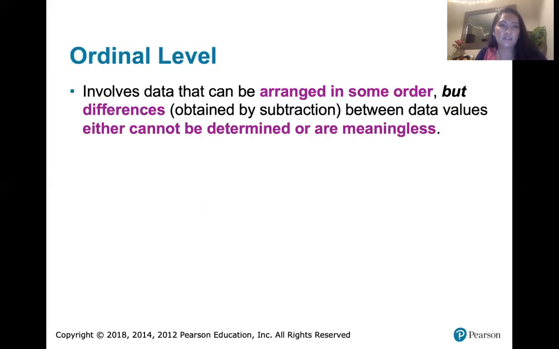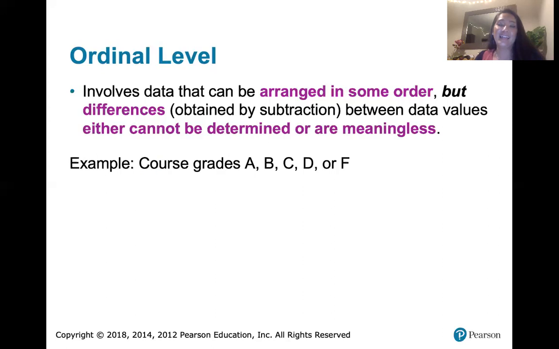At the ordinal level, we're dealing with data that can be arranged in some order, but differences between the data values either can't be determined or they're meaningless. So course grades, A, B, C, D, and F. You might be able to subtract the numbers, like you might be able to subtract a 95 and a 70, but that 25-point difference, well, that may or may not mean something.